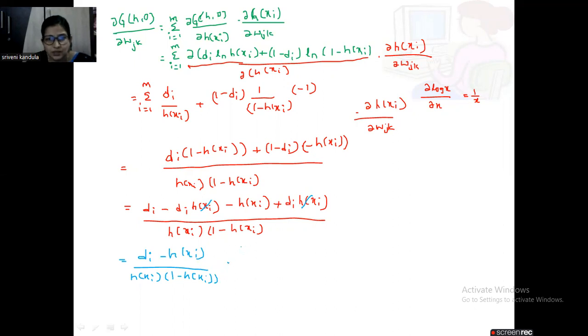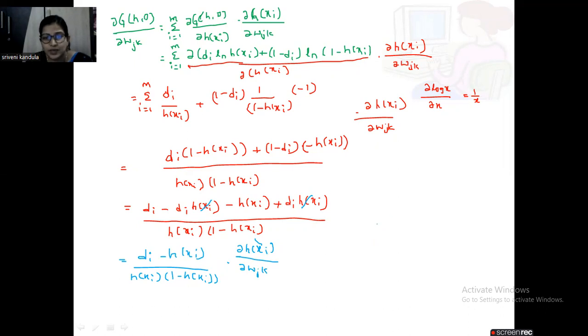And we have the other term, that is ∂h(xi)/∂wj. Now here you should remember the sigmoid activation function.